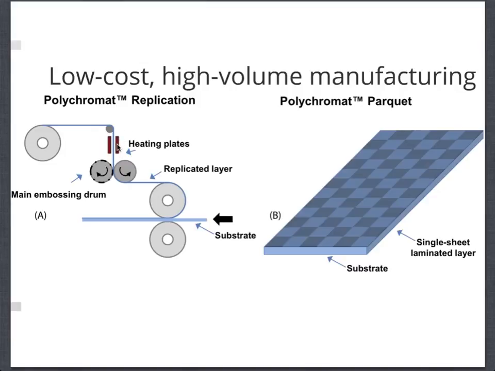You heat that film and let it go through these 2 drums. In one drum you have the original mold. As it goes through those 2 drums, the patterns are replicated on the film, and then finally you can put it on a rigid substrate.